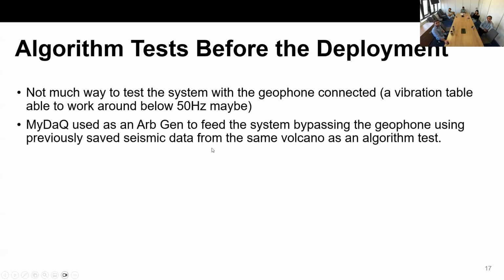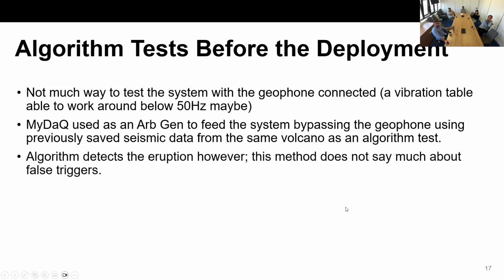So what I did, if you remember, I mentioned that we have volcanologists. I asked them to provide some data from the same volcano corresponding to volcanic eruptions. I used a MIDAC as an arbitrary function generator and fed the board directly with the eruption data. And it did get triggered. However, it doesn't say much about the force, obviously.